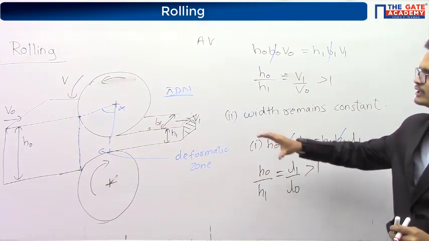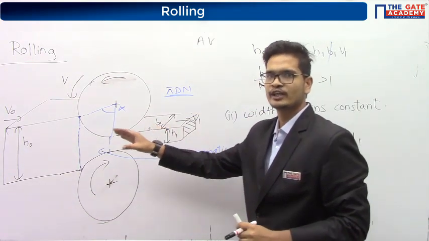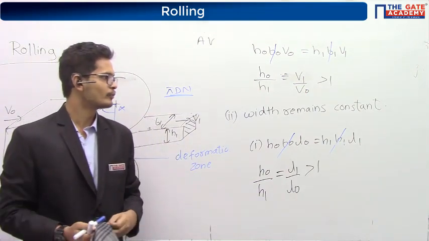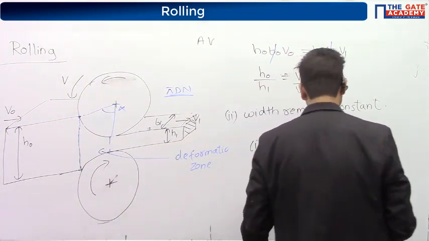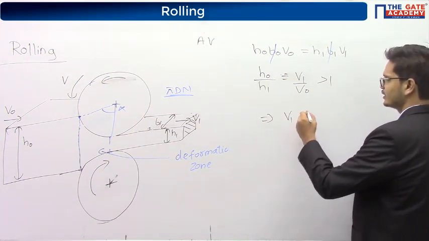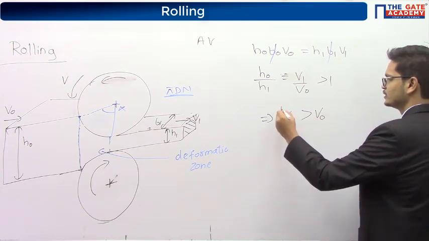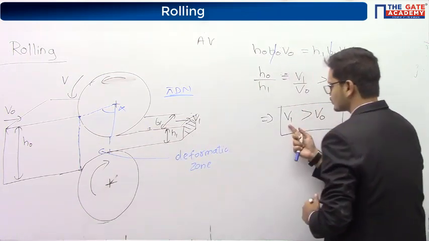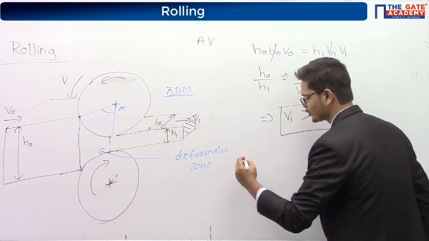Hence the final velocity of the component will be greater than the initial velocity of the component, which implies V1 is greater than V0.